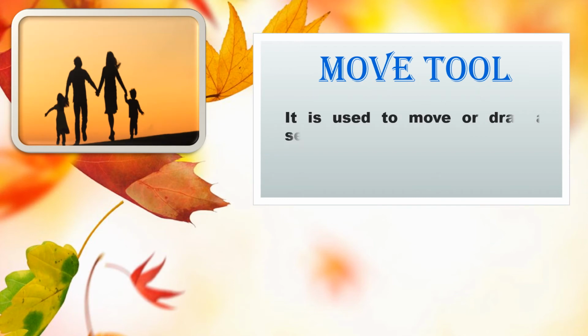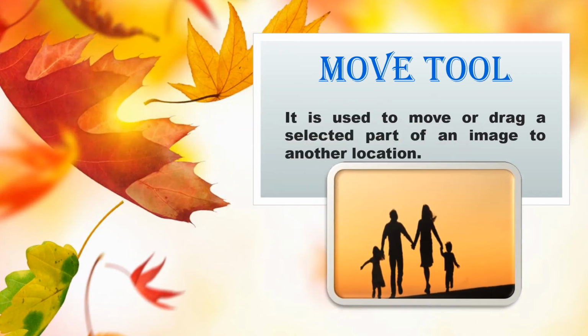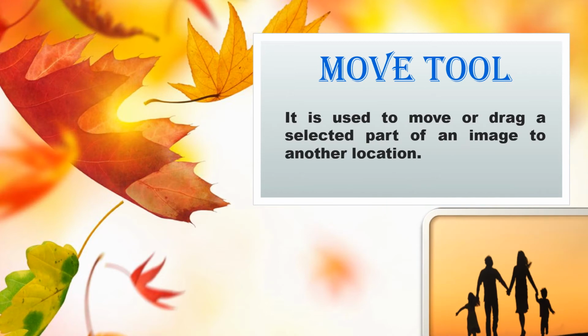It is used to move or drag the selected part of the image to another location. For example, this picture is present at the left top corner of this screen. But if you want to move it to the right bottom corner, you can do this task using the Move tool, and your picture will be shifted from one place to another location.